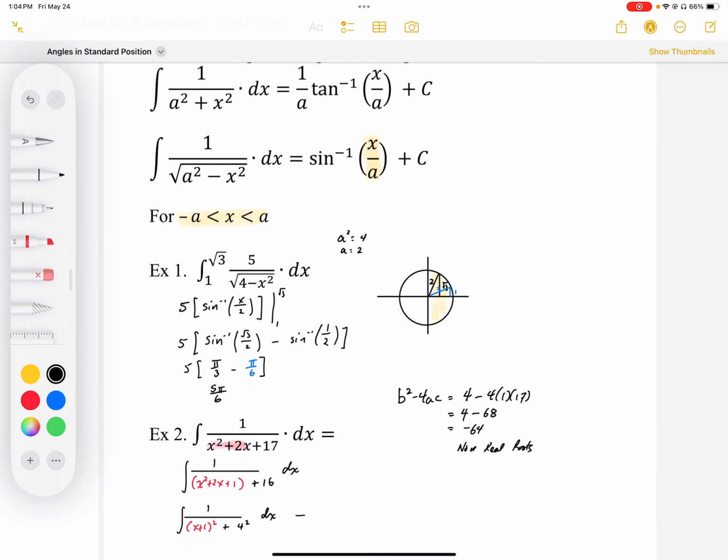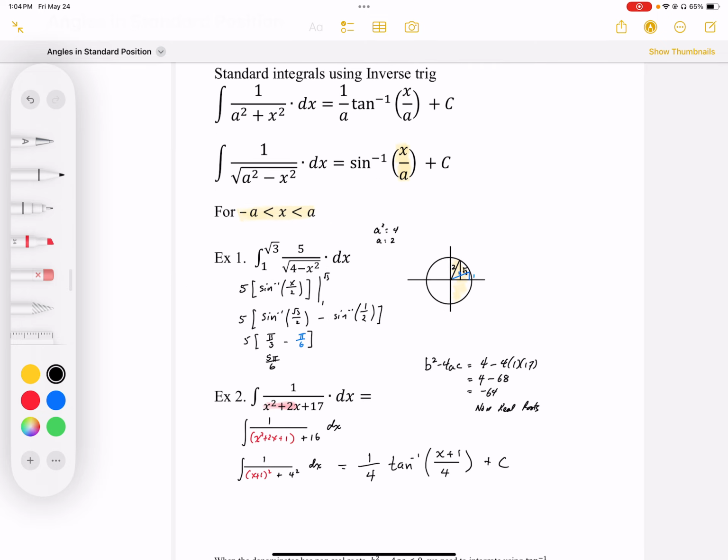So the integral of this is going to be equal to 1 over a. Well, a in this case is 4, since a squared is 16. Arctan, the x has a horizontal shift, so we just have to make sure we keep that when we integrate it. So it's going to be arctan of x plus 1 over a, which is 4, and then plus c.